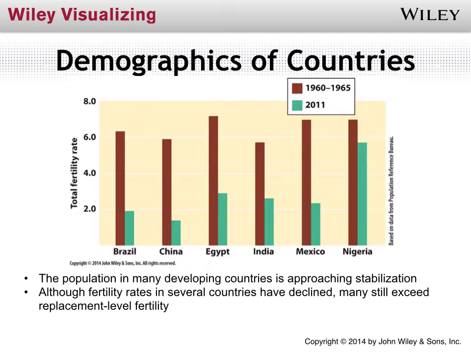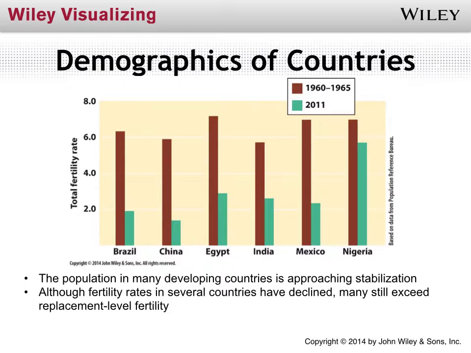Again, we can look at a few examples here of countries comparing their total fertility rate from the 1960s to current times. And in all cases, the fertility rates have dropped. In countries like India and China, where I mentioned are the two biggest, rates have dropped dramatically in China, but not very much in countries like Nigeria.